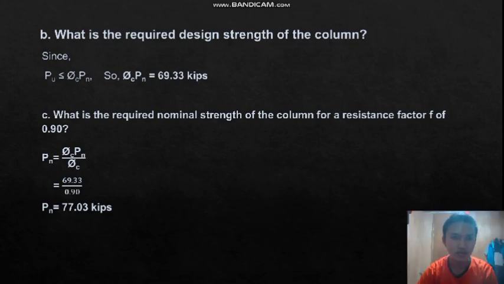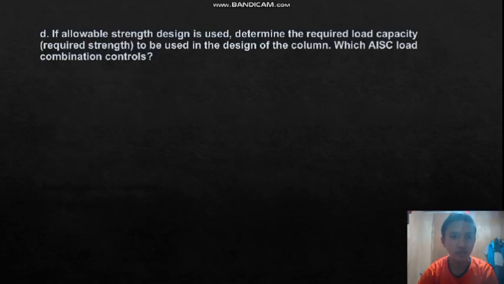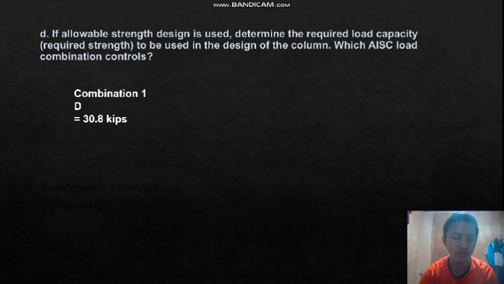For the next question, letter D, if allowable strength design is used, determine the required load capacity to be used in the design of the column. Which American Institute of Steel Construction load combination controls? For combination 1, which is the D or the dead load, is equal to 30.8 kips.